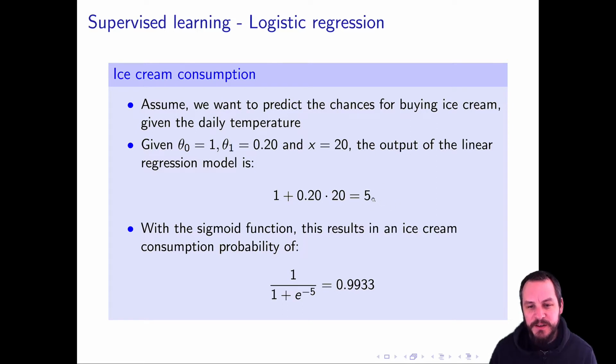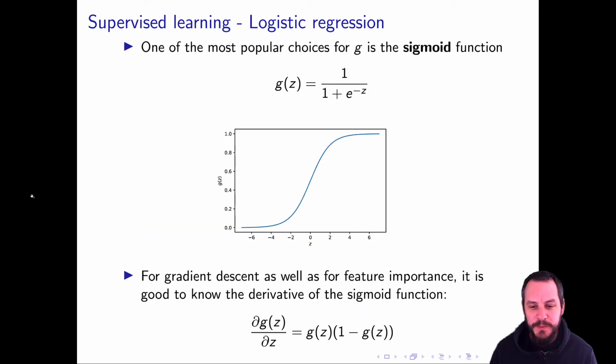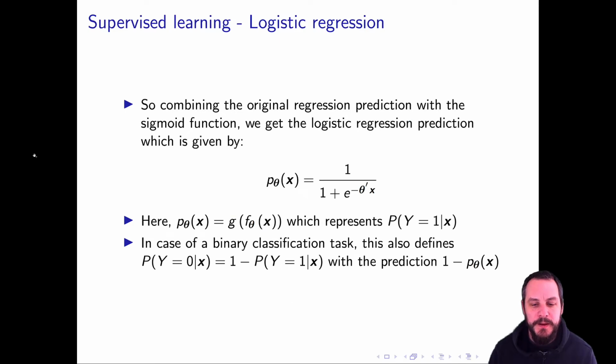And if we now insert this into the sigmoid function, you can see what happens here. High positive values map the original input to a probability which is close to 1, and the more negative the value is, the lower the probability for being the specific category 1.